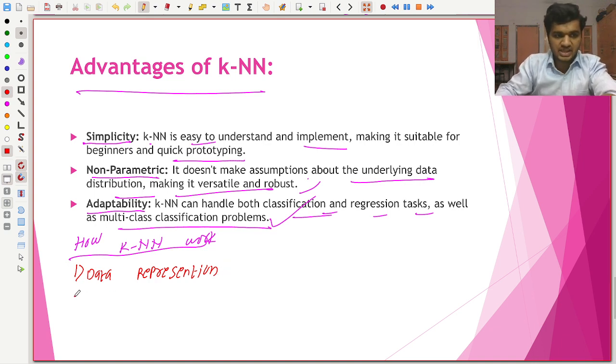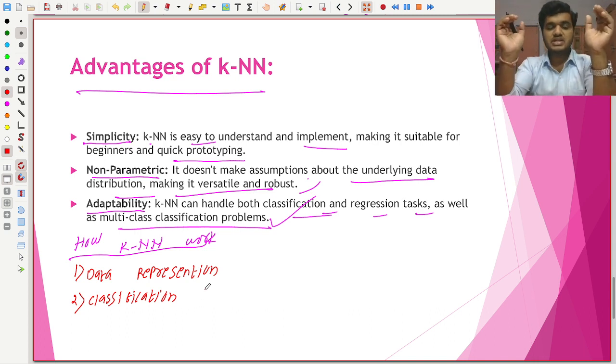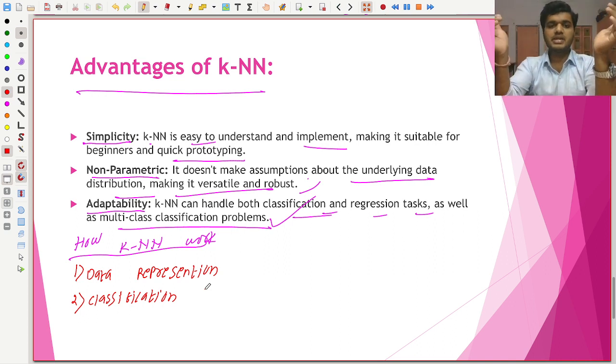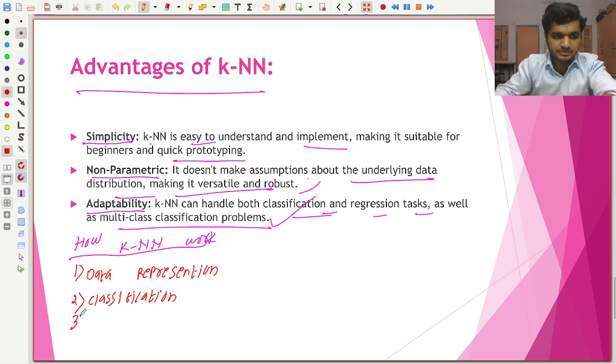Okay. And second one is your classification. So for a new data point, KNN finds the k nearest neighbors based on a distance metric. That is maybe your Euclidean distance or maybe your Manhattan distance.